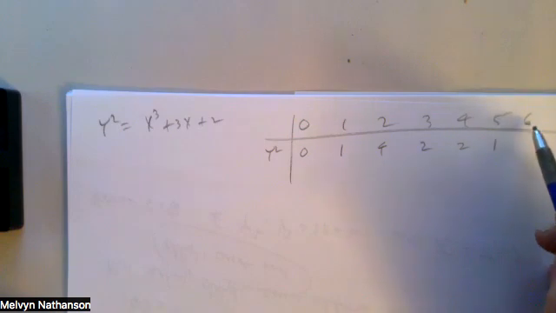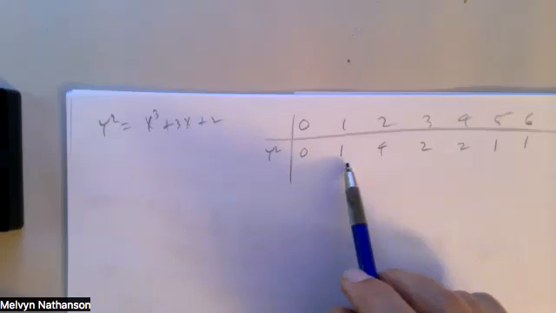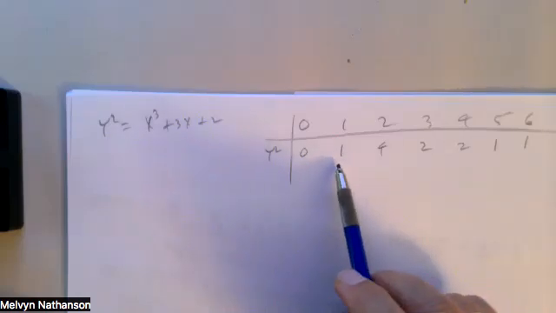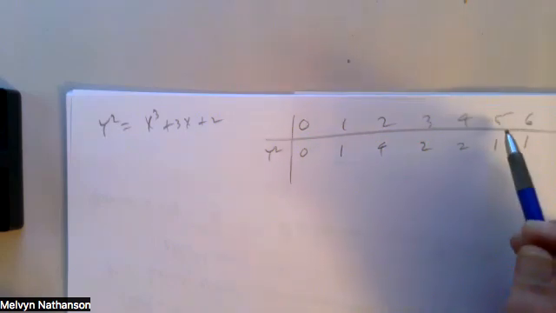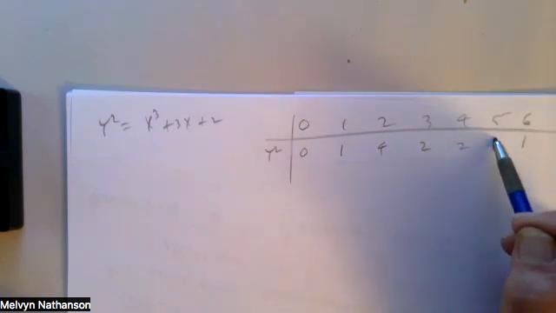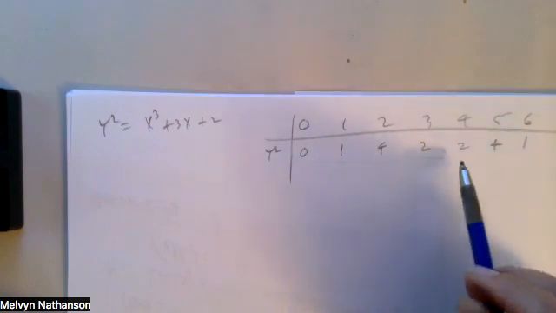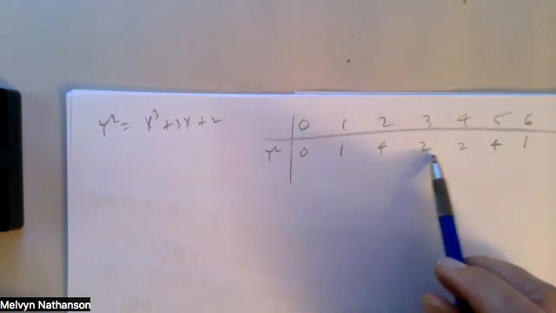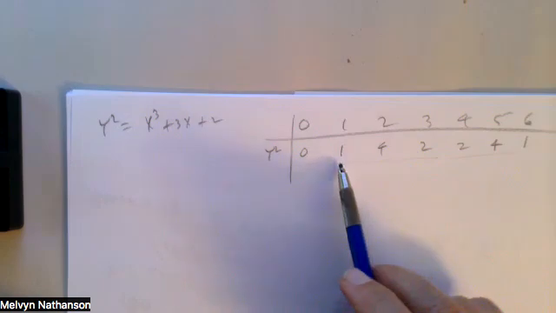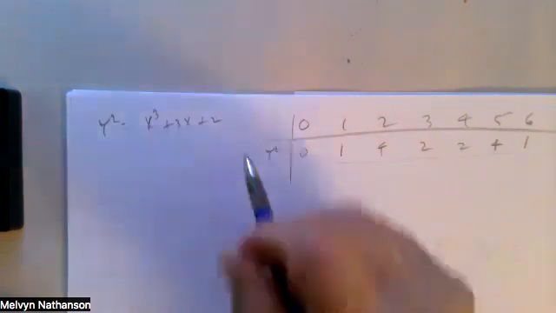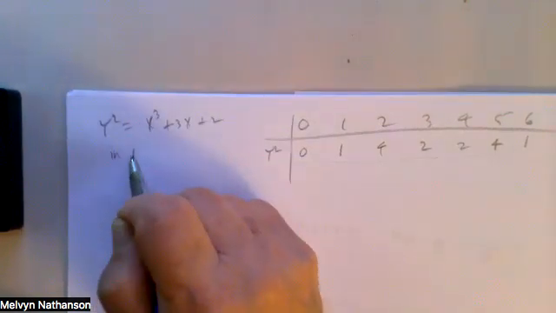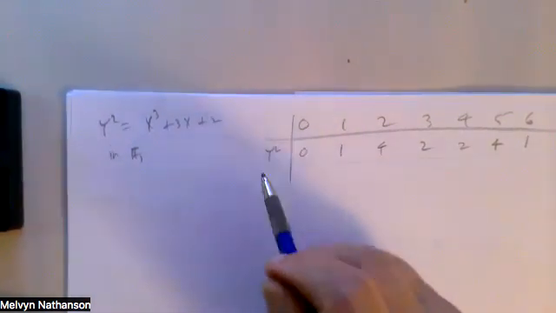And 6 squared is 36, which is 1 mod 7. And you'll notice there's always this symmetry. The second half are the same as the first half, going in the reverse order. So 1, 4, 2, 2, 4, 1. So this is in the field with 7 elements.